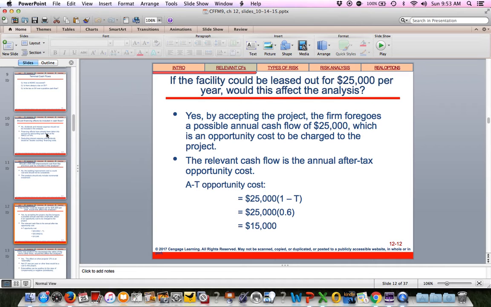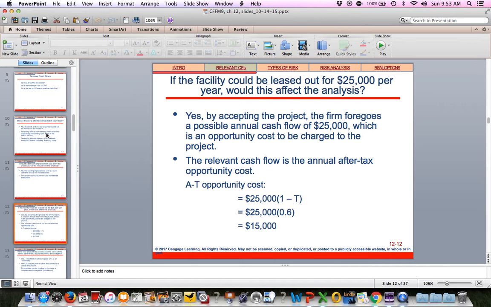Now, if you're looking at this from an accounting perspective, it makes no sense, right? Because an accounting perspective would be, if I buy the equipment, I don't even care about this because there's no journal entries, there's no impact on my financial statements. But in finance, we care, because in finance, you're trying to figure out, are we increasing the value to the firm?